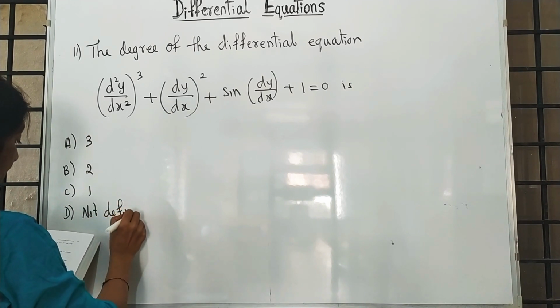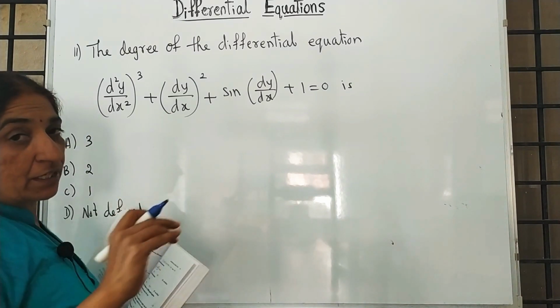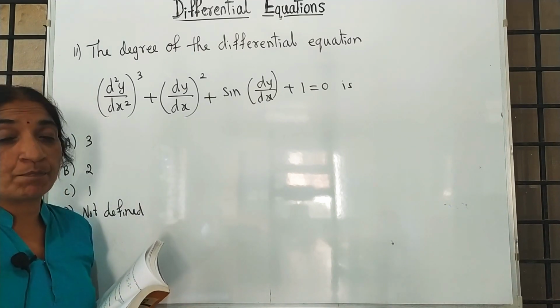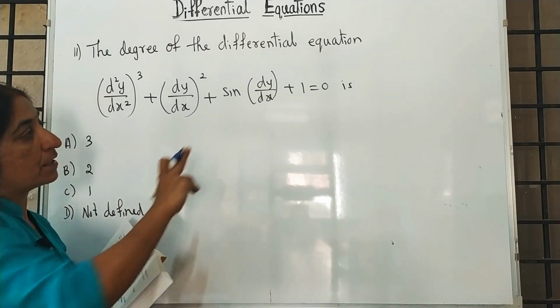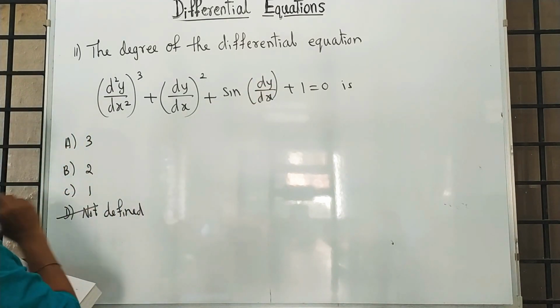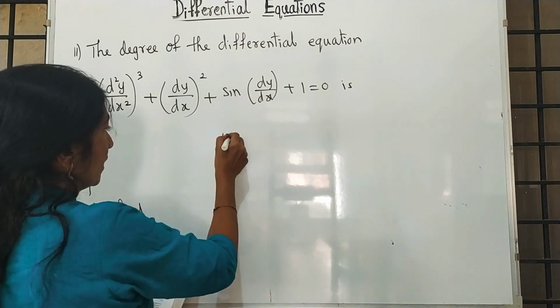See, when you are writing a degree, you have to observe that dy upon dx should be independent. No value is depending on dy upon dx, but here sin is depending on dy upon dx. You cannot write the degree. So, degree is not defined.